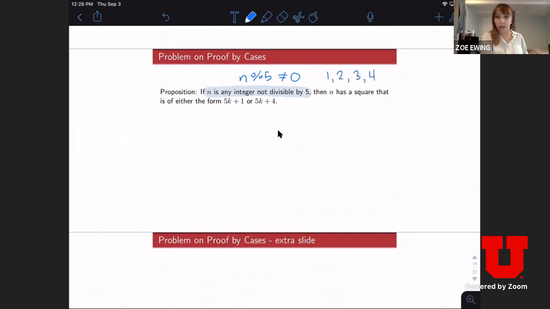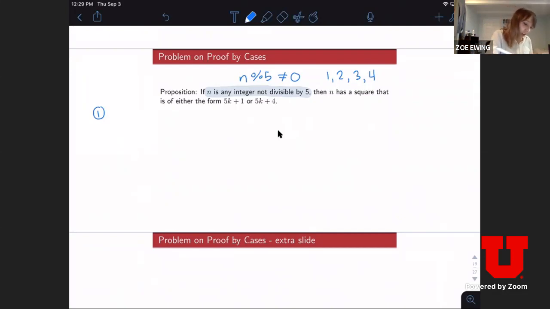It can't be 5 because n mod 5 is never going to be 5; that's just basically 0. So these are our 4 cases: if the remainder is 1, 2, 3, or 4. I will do the first one with you, and then I will let you all try the last 3 cases, and we'll check in after every single one of those. Sounds good?